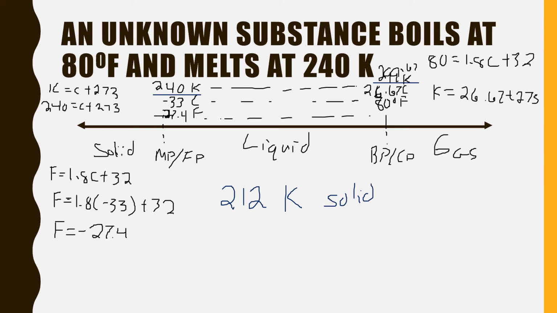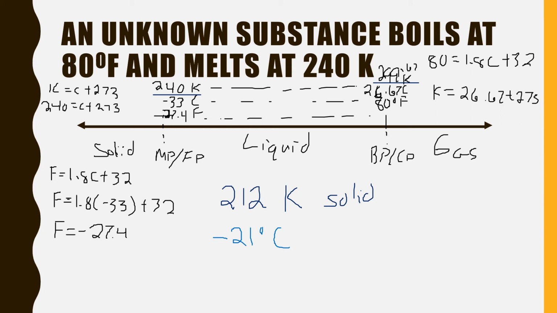When you have negatives, if I had negative 21 degrees Celsius, please pay attention to this. This works exactly like a number line. So if I have negative 21 degrees Celsius, is that going to be to the right or to the left of negative 33?